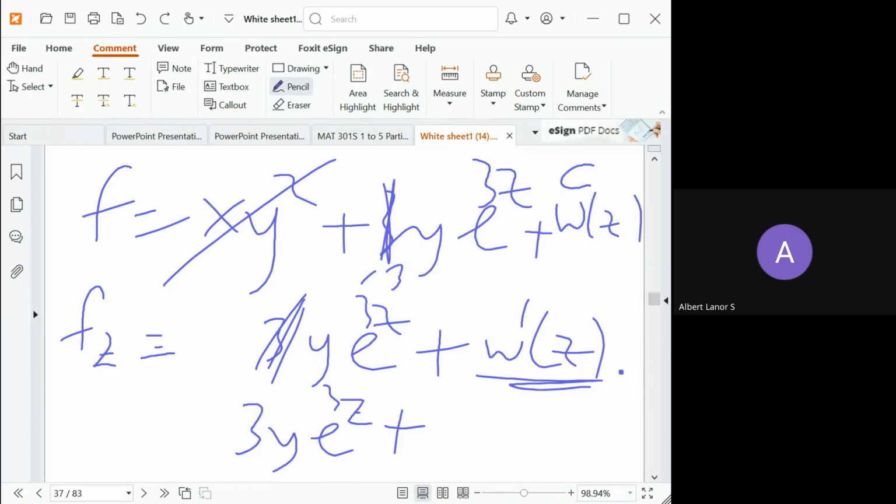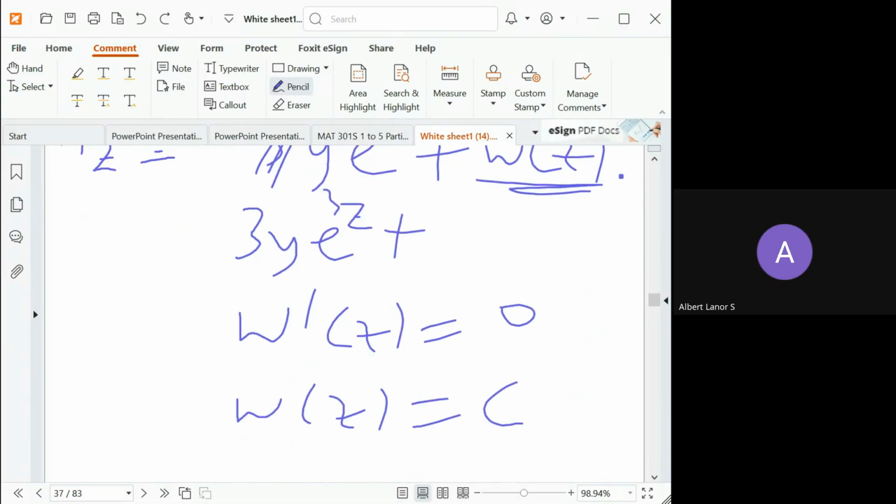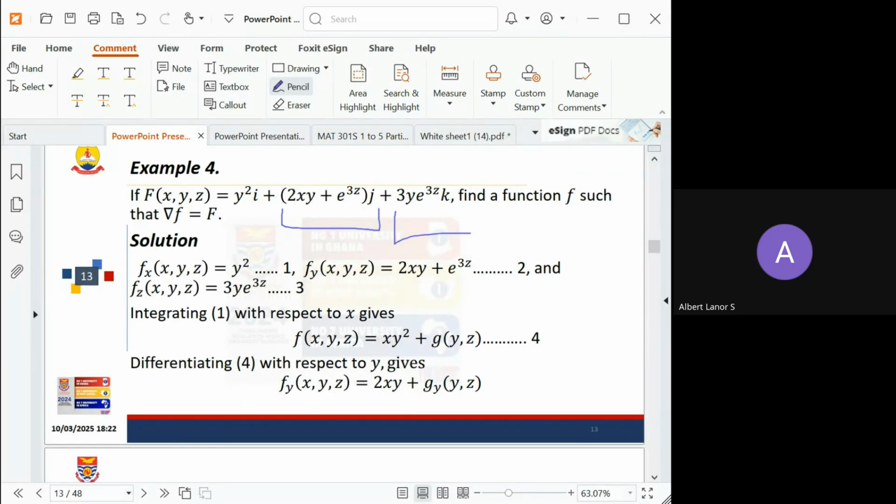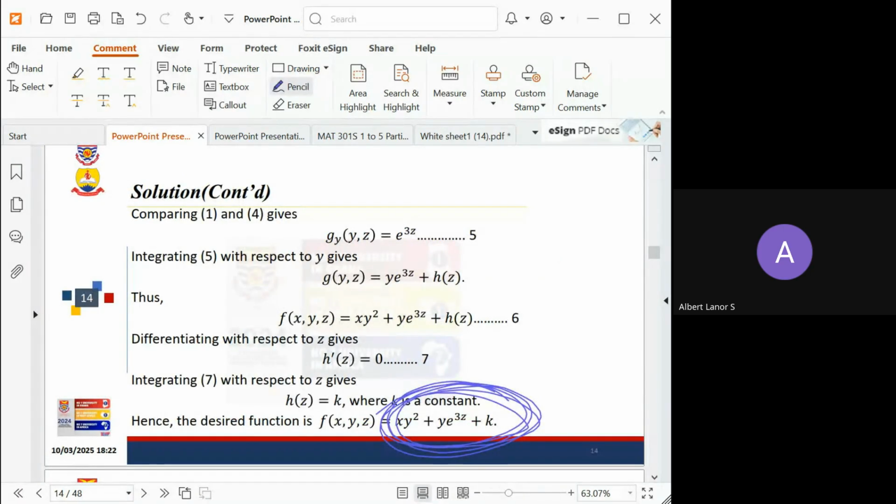When I differentiate this with respect to z, we're going to have 3y e^(3z), which is correct now. And then when you compare the two of them, you're going to have a constant that you add to it. So you see that they have in the conclusion xy squared plus y e^(3z) plus a constant.